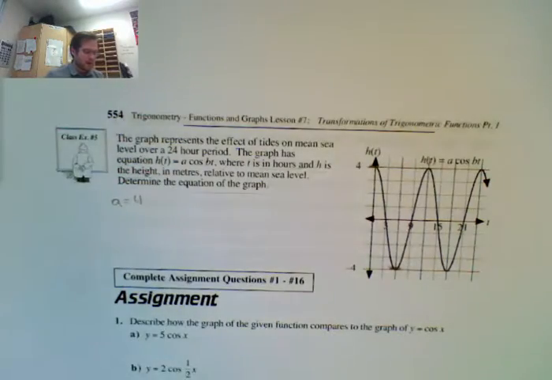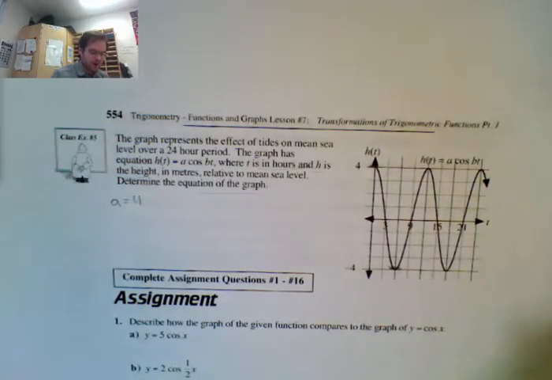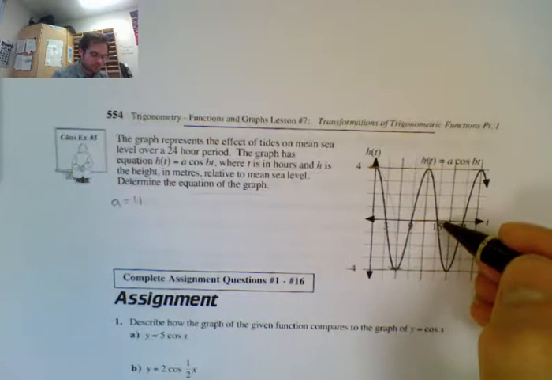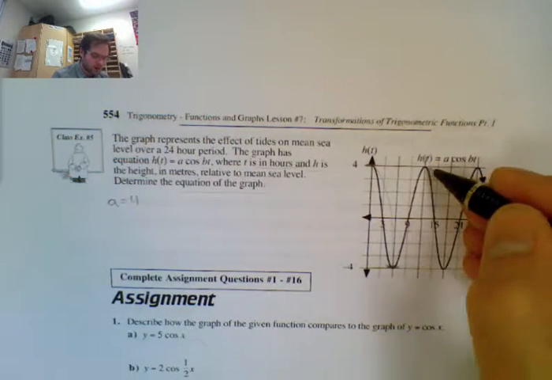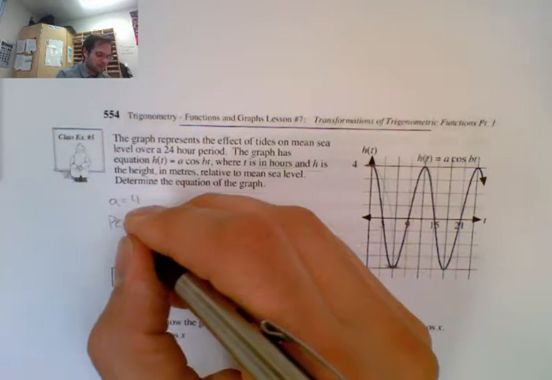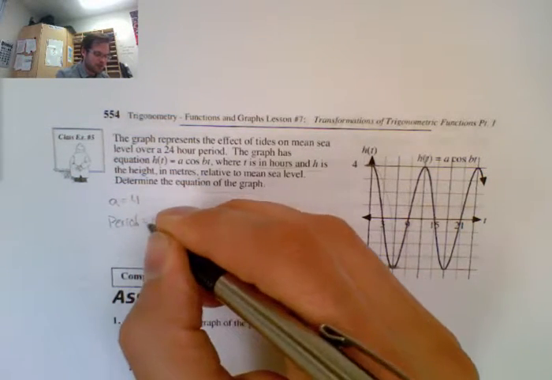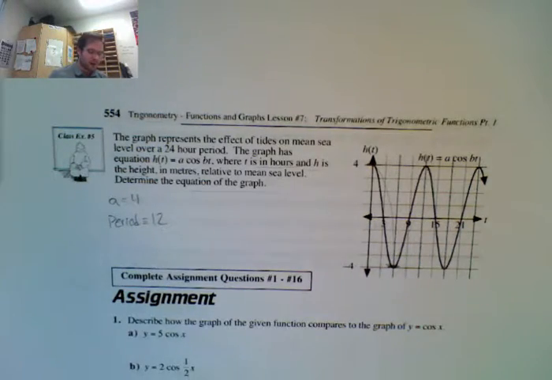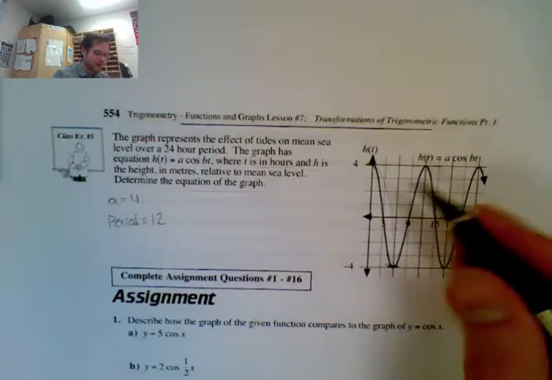Okay? Now we also want to look at my period here. I look from here to here, so we're going 3, 6, 9, 12. My period is equal to 12. Now I have to figure out what is my b value.